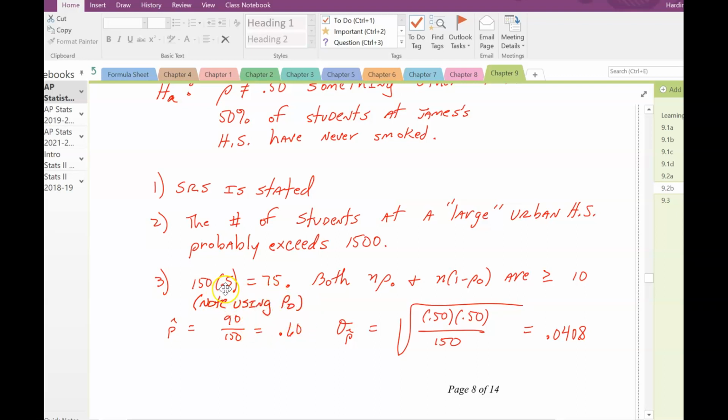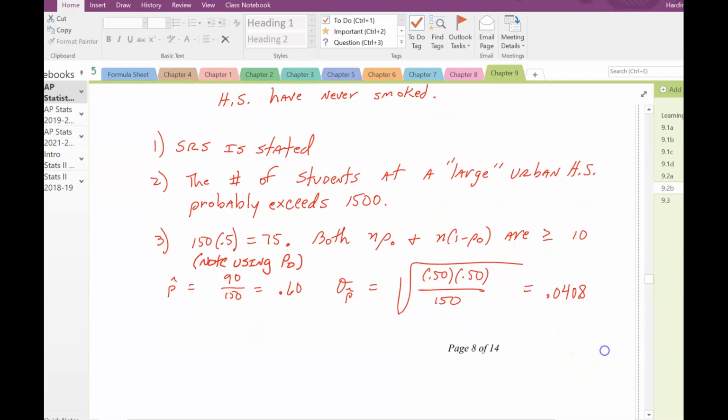So if the null hypothesis is true, which is the basis of our sampling distribution, np and n times 1 minus p are both greater than or equal to 10. We can use a normal distribution, and the standard error for the sampling distribution is 0.0408. So the conditions here have all been met.